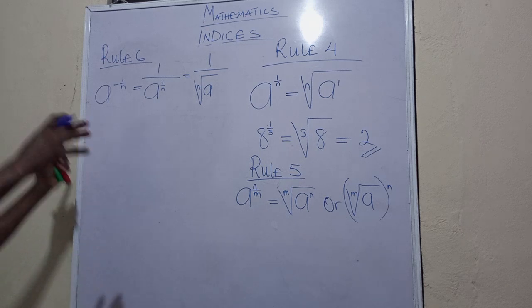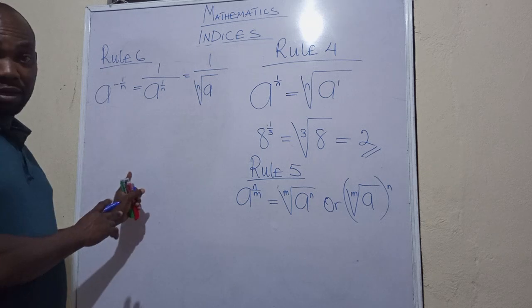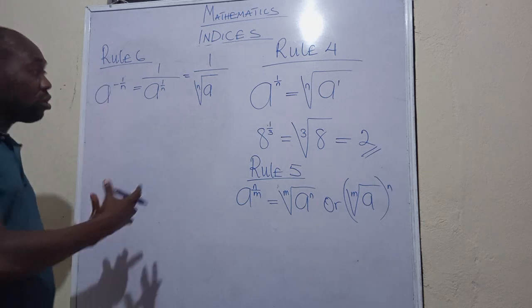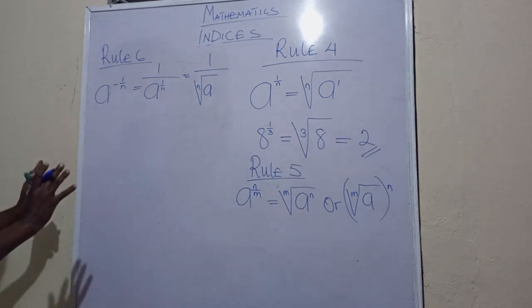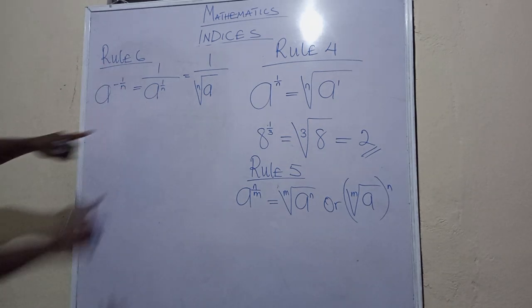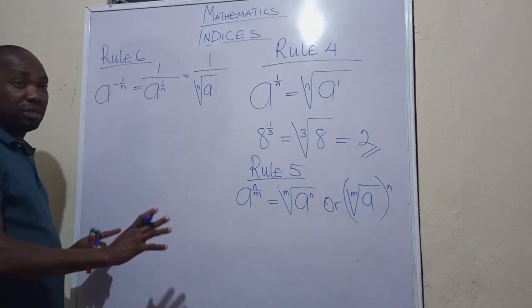So it's the combination of two rules playing in one, which is rule 6. So what we really need to understand is that the minus sign is the reciprocal of all of it, and this plays its same role. You still need to express it.